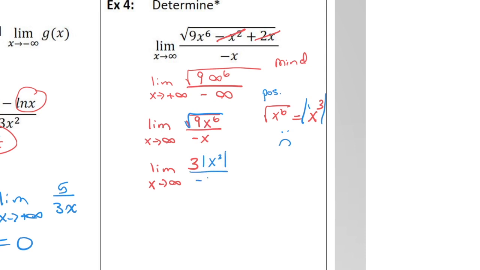And now this is divided by negative x. So essentially what you have here is x squared in the numerator, and your x in your denominator will cancel. And when you substitute, you get 3 times infinity squared over a negative. And so the answer is negative infinity. So think about that just a little bit more. That negative is very important. And remember that the square root of x squared is by definition the absolute value of x.